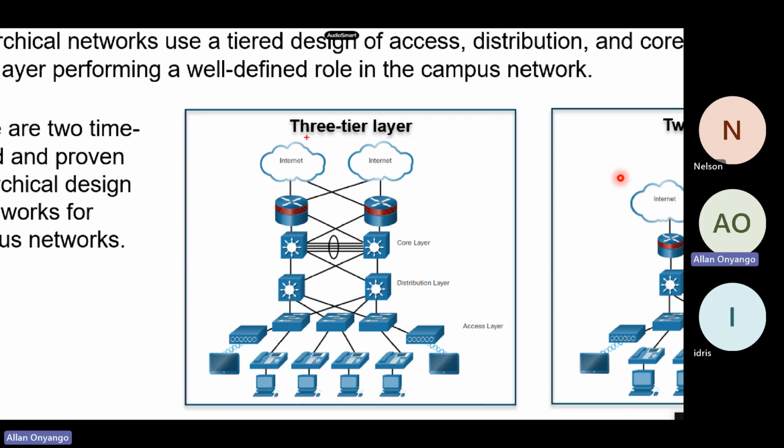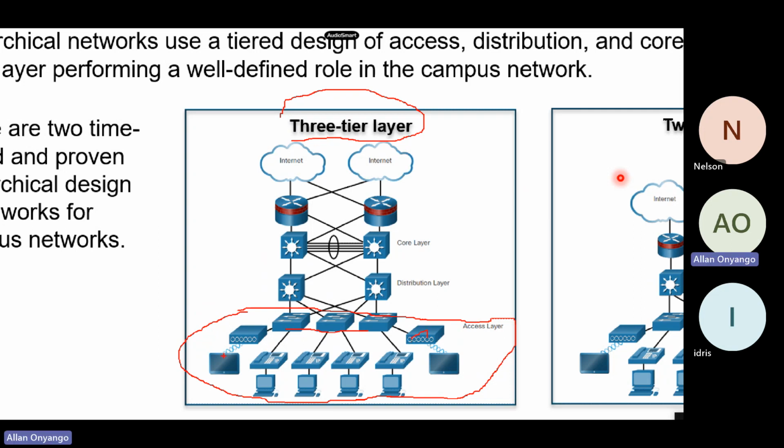So the 3-tier network is a network that has the 3 layers of hierarchies. We have the lowest layer here. It's called the access layer. Mostly this is where we find layer 2 switches. We have access points.